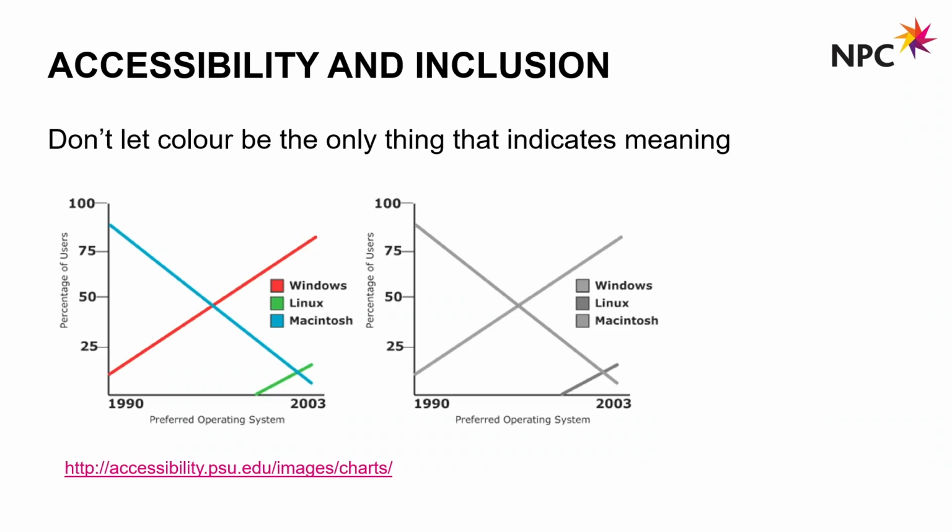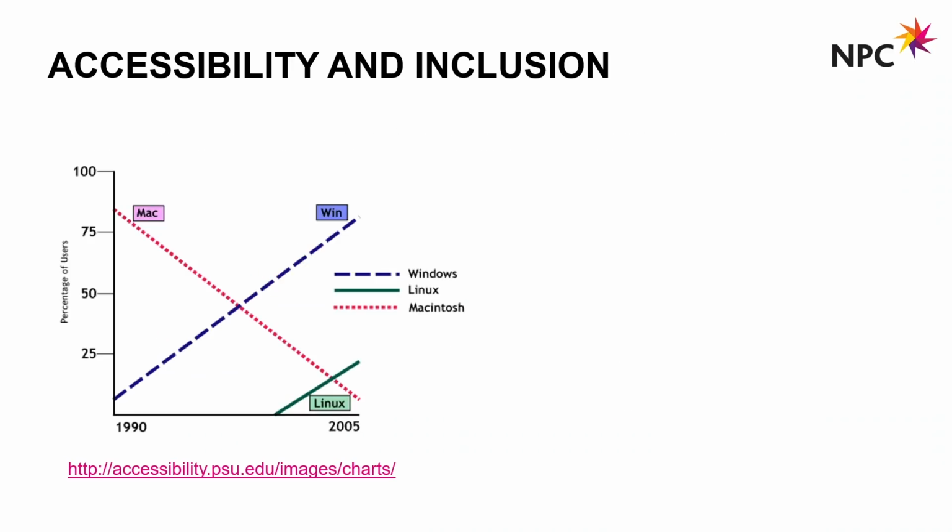Even if you print something out in black and white, using colour only causes problems, but it can also cause problems for things like colour blindness. So this is an example of possible solutions as well. Either labelling your lines, or thinking about pattern. So again, always keeping your user in mind.